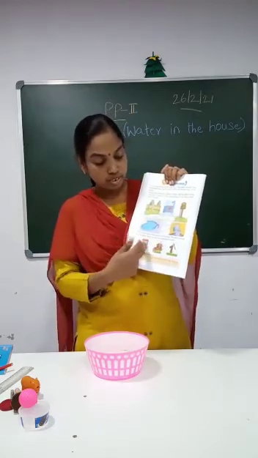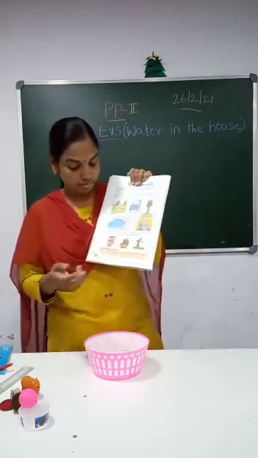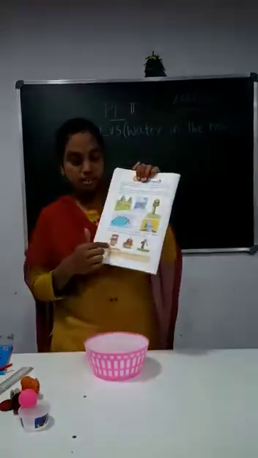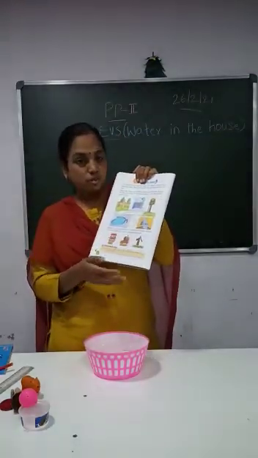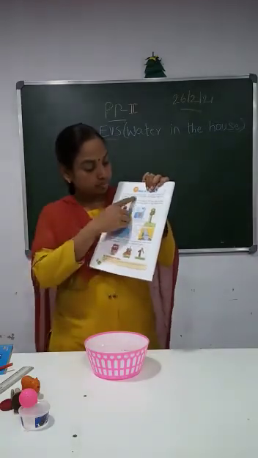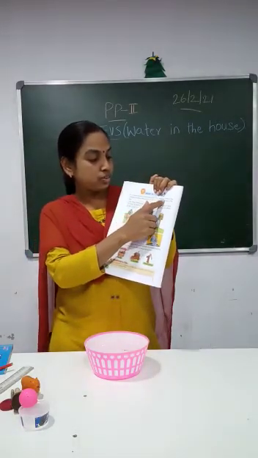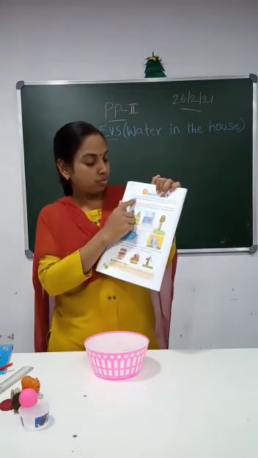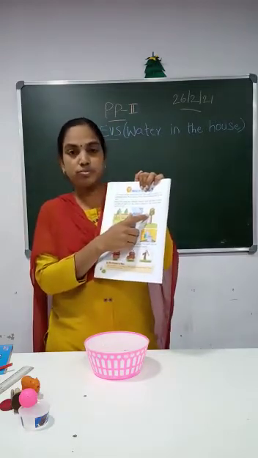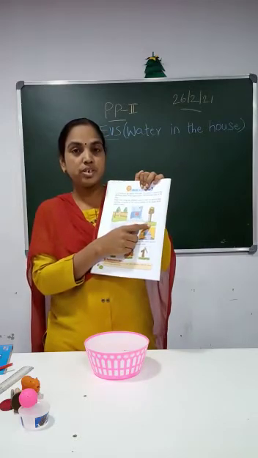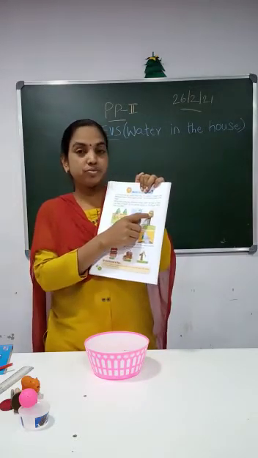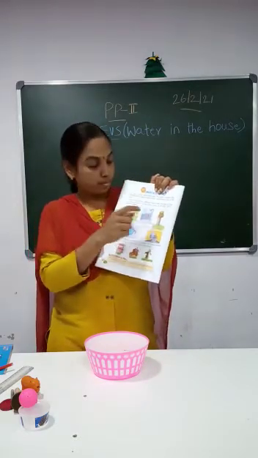All this was there in olden days. Now you can see the well. So all this was there in olden days. Now we read this: in a house we get water from taps. This water is stored in big overhead tanks. So what water we use at home, we get from this big tank.